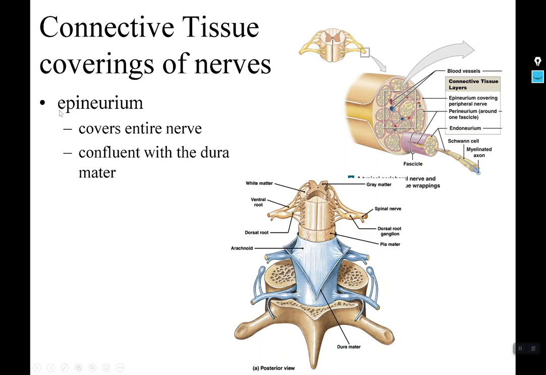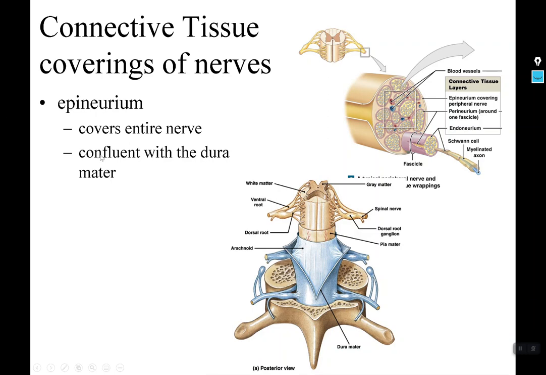So the epi, meaning superficial, neurium, meaning nerve cover, is a connective tissue sheath that covers the entire nerve. And this is confluent, meaning the dura mater just kind of blends into this layer. So it's confluent with the dura mater.